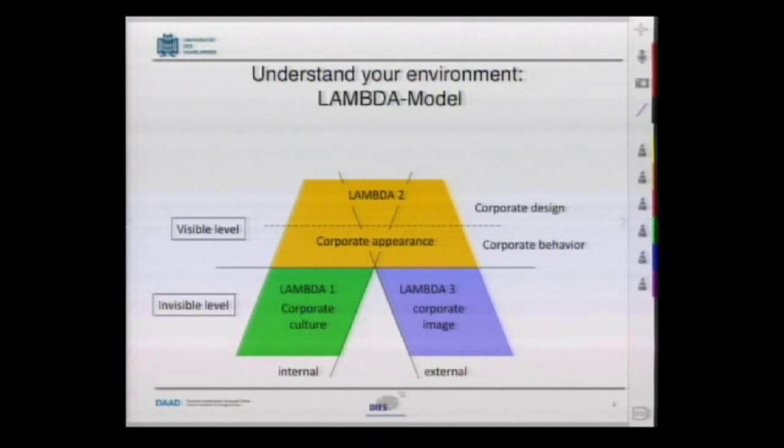So I have a little more group work for you. I try to get you in two or three groups. Where is my plan for today? I have lost it. I think we take three groups. One group is lambda 1, the other lambda 2, and the third lambda 3.